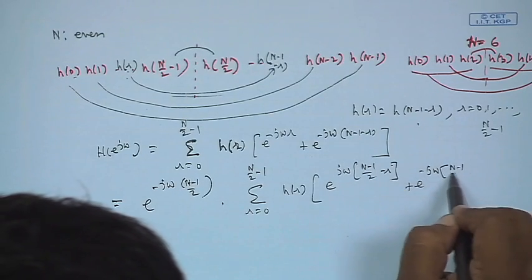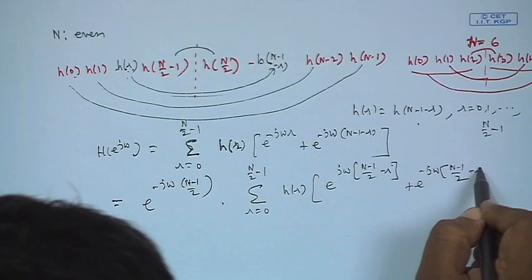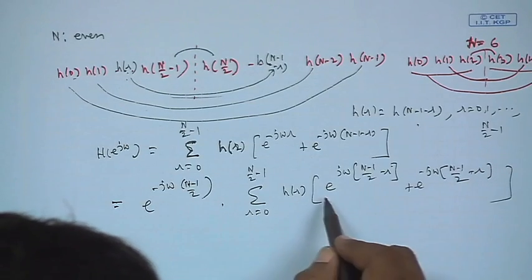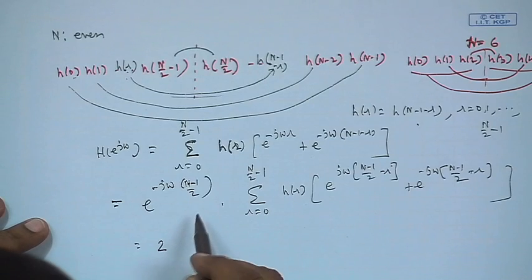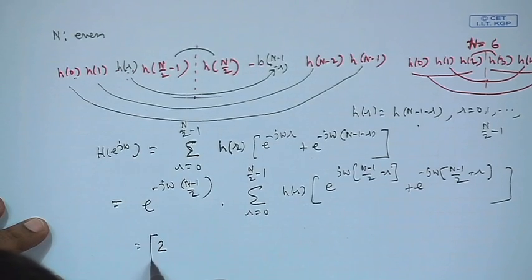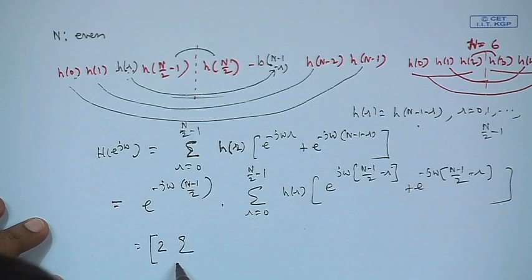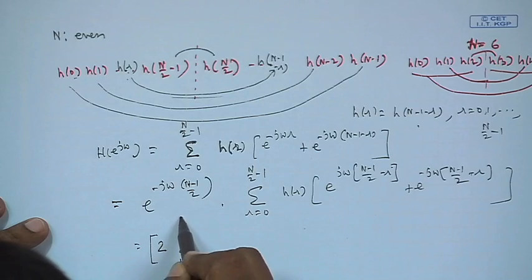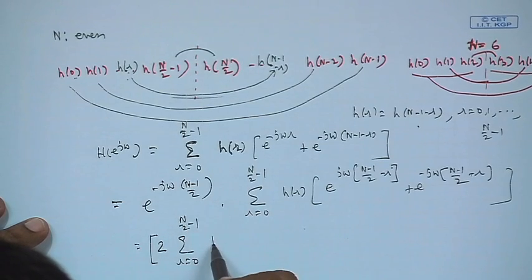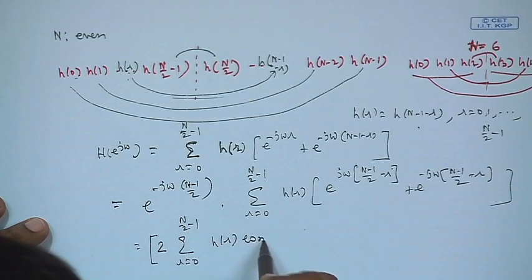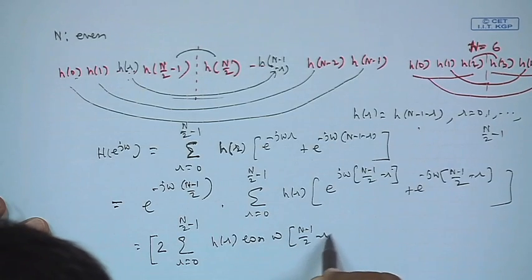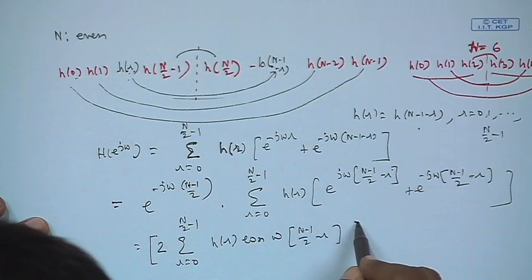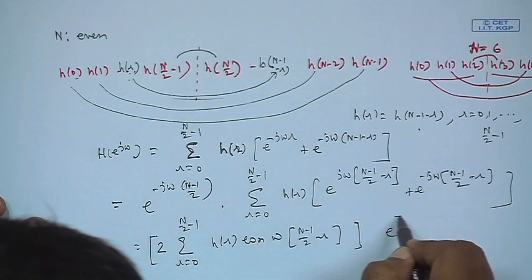So, we will be left with another n minus 1 by 2 minus r, as we did last time, and this is twice cos of this. So, twice the summation, r equal to 0, H r cosine omega into this phase part.